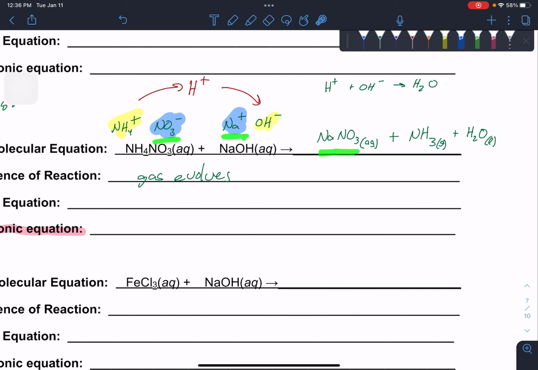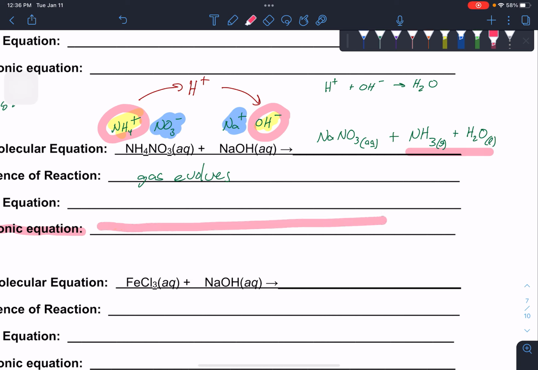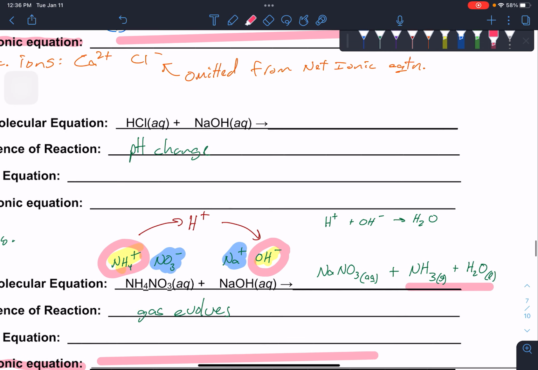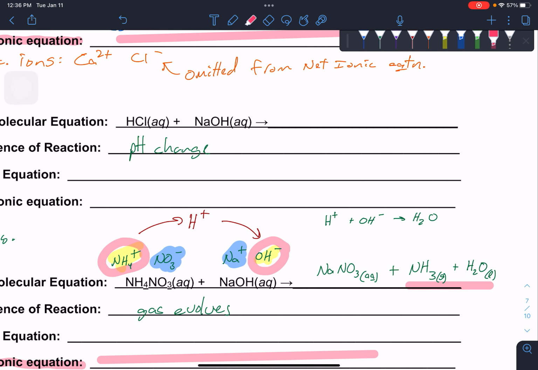So if we're going to take these components of the molecular equation and write the net ionic equation, what we're talking about is ammonium and hydroxide. They change to ammonia and water. And that's what we would write in on the net ionic equation there. And again, I don't want to give you the answer, just little pieces here and there.